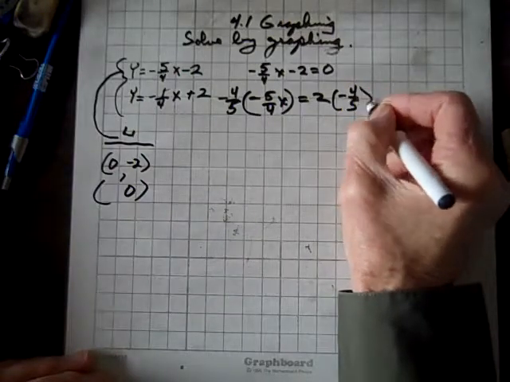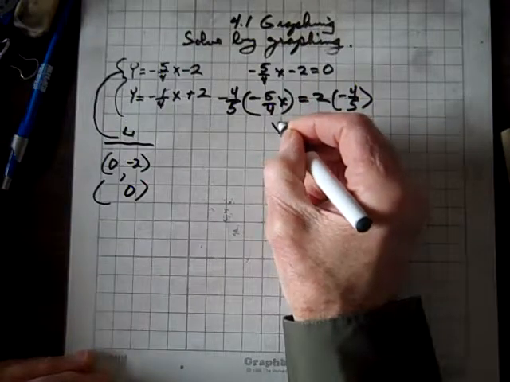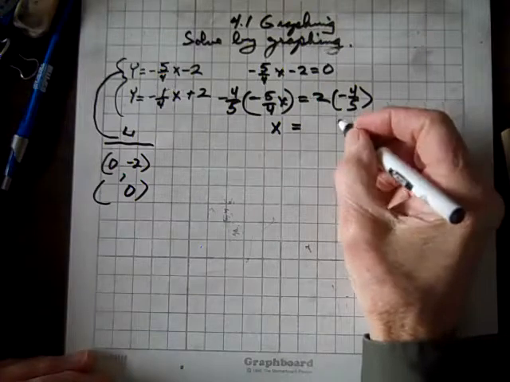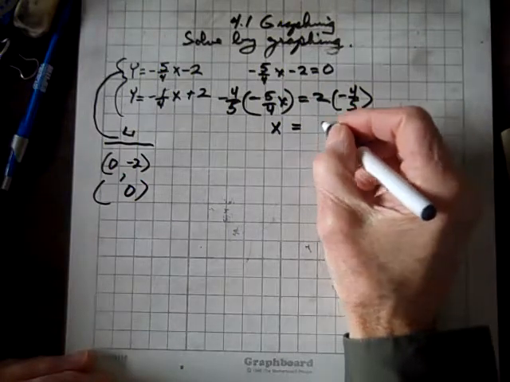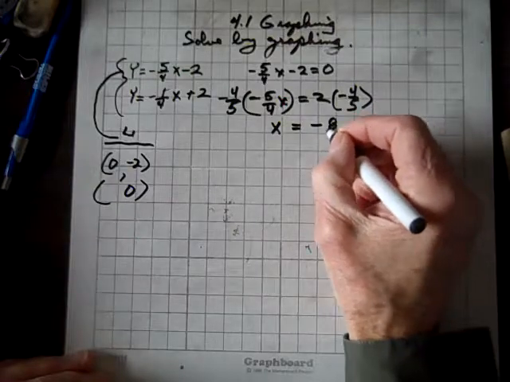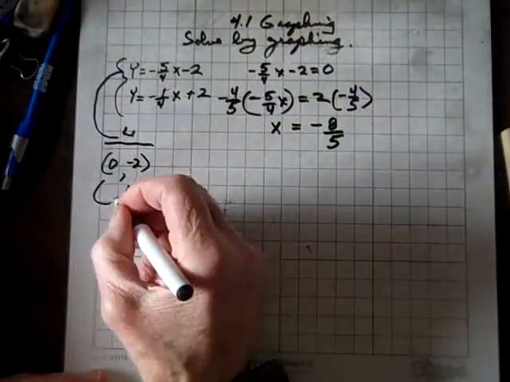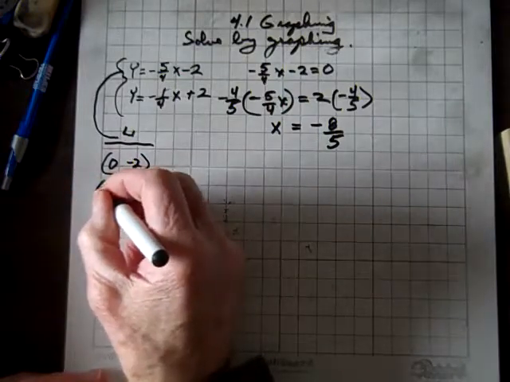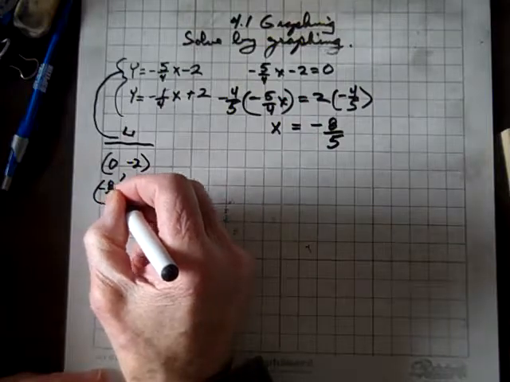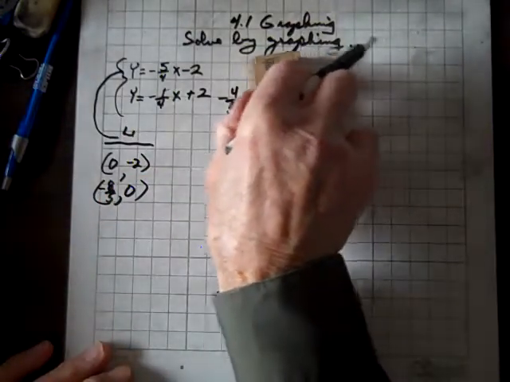The product of reciprocals is 1, and 1 times x is x. And now we have 2 times -4/5, which is -8/5. So there's our x-intercept, -8/5.